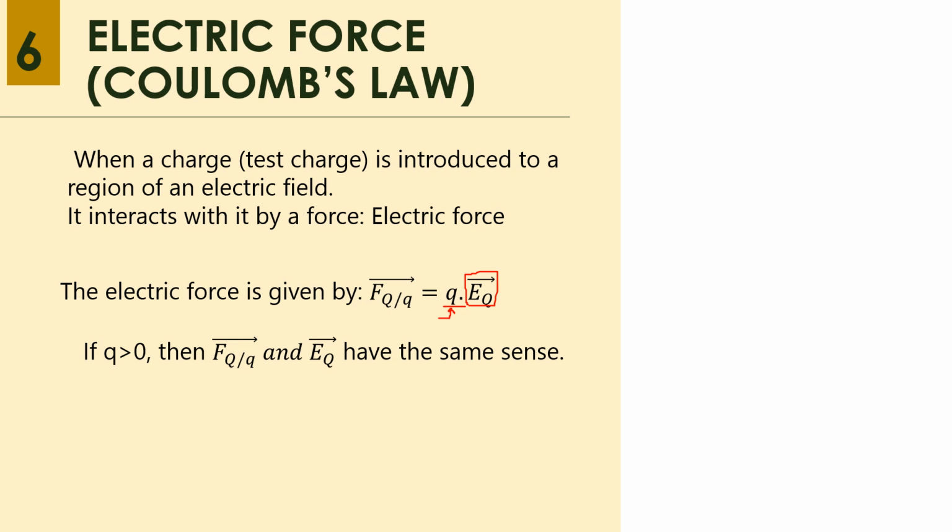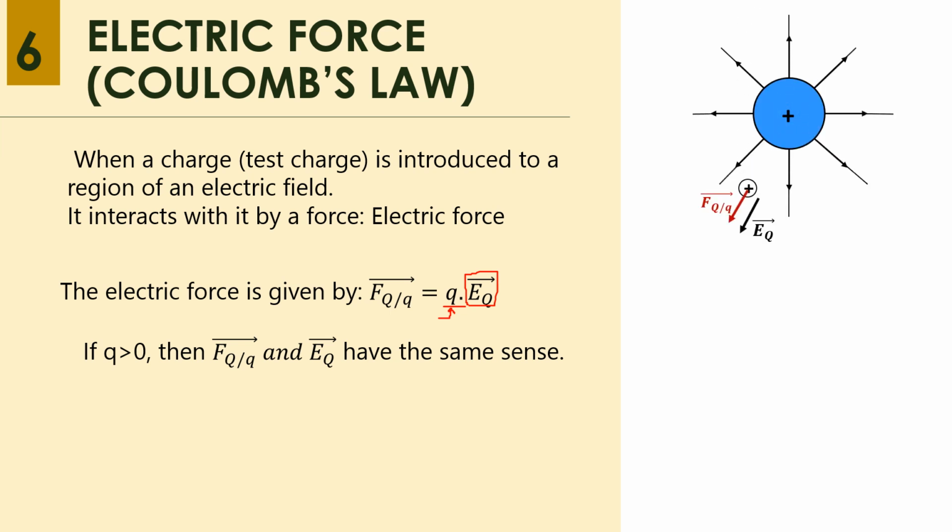If q is positive, then F and E have the same sense. We'll see an example of that. If you look at the upper right side, the blue circle is charge capital Q. It is positive, therefore electric field lines are going outwards relative to it. Now introduce a test charge, small q, which is shown as a circle with a positive sign inside it. First, the electric field due to the charge which was present in the first place is this one, and it is going outwards.